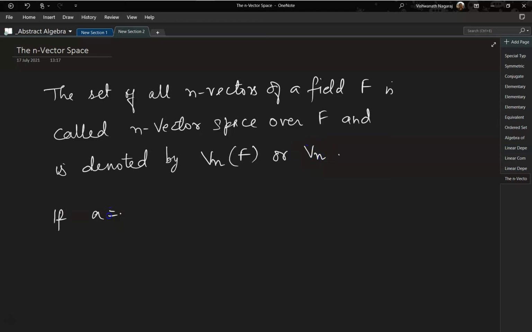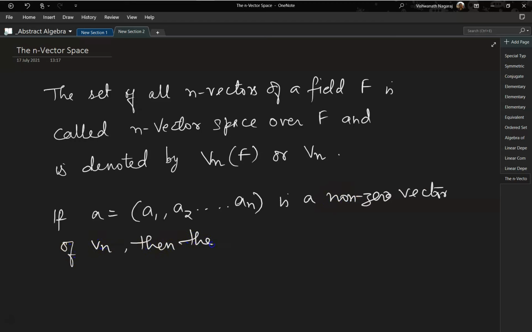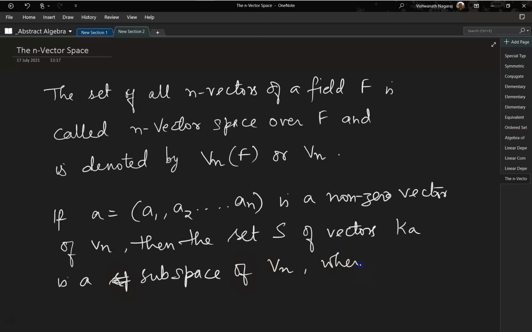So if A is equal to A1, A2 and so on up to An is a non-zero vector of Vn, then the set S of vectors Ka is a subspace of Vn, where K is a variable which can take any value.